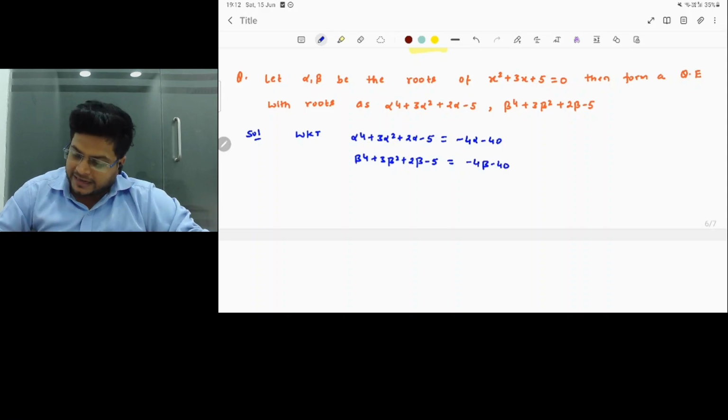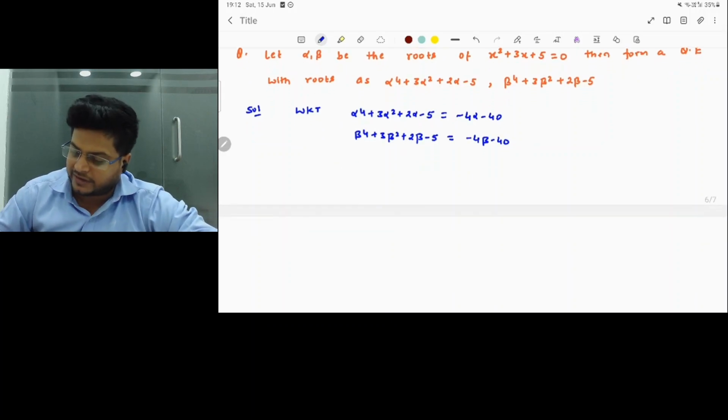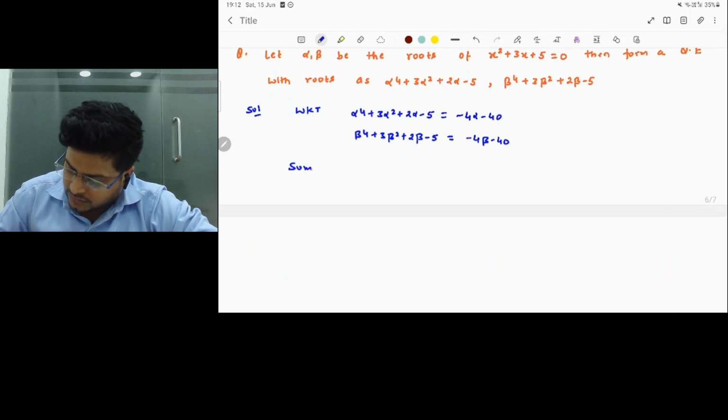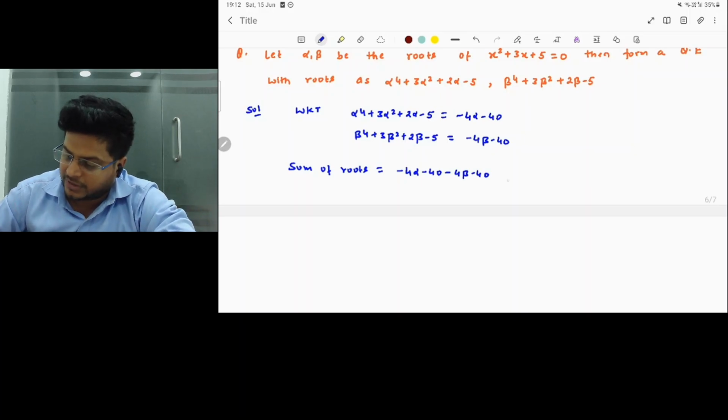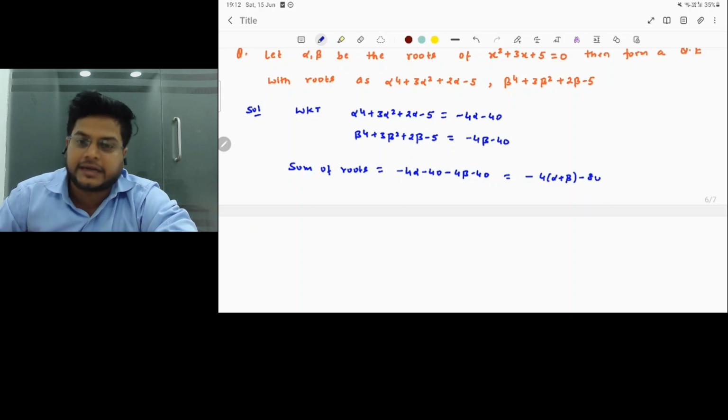So instead of adding these, it is easier to add these, isn't it? If I try to find the sum of the roots, I can write minus 4 alpha minus 40 minus 4 beta minus 40, which can be written as negative of 4 times alpha plus beta, minus 80.